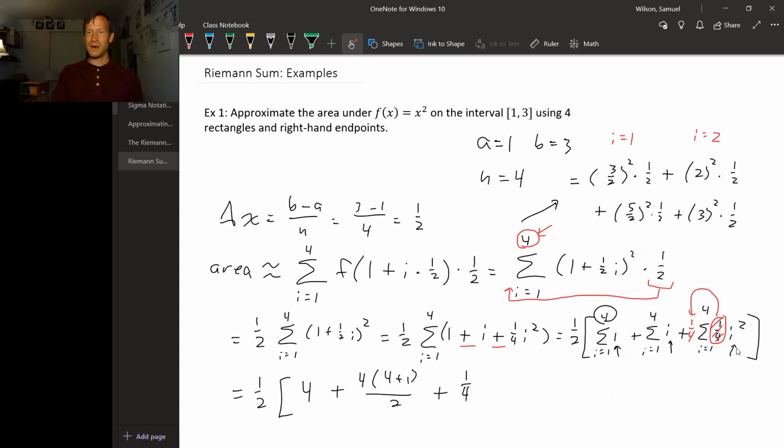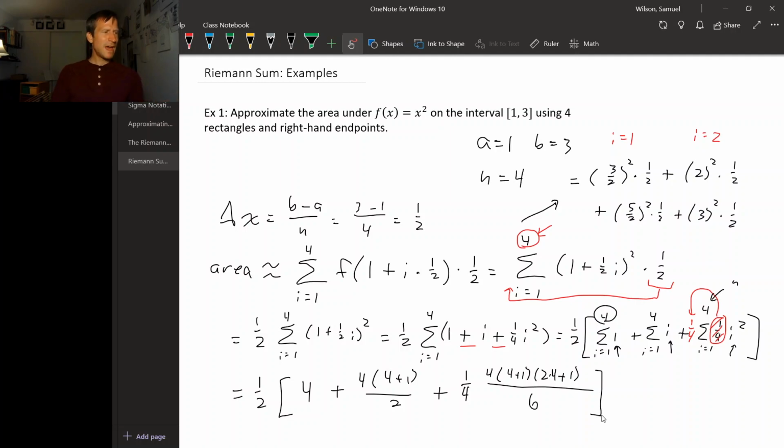The sum of the squares, this top number we called n when we wrote down this formula, was n times n plus 1 times 2n plus 1. Oh, I need to be writing 4s though. Let me back up. 4 times 4 plus 1 times 2 times 4 plus 1, all divided by 6.